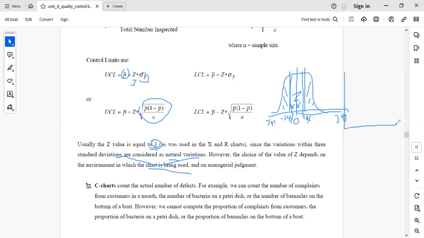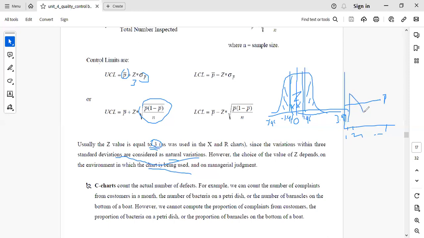So if you have your control limit, this one here is the p bar, then you'll be selecting several samples. You have a sample 1, you have a sample 2, depending on how many samples you have. And from each sample, you'll be getting its p.